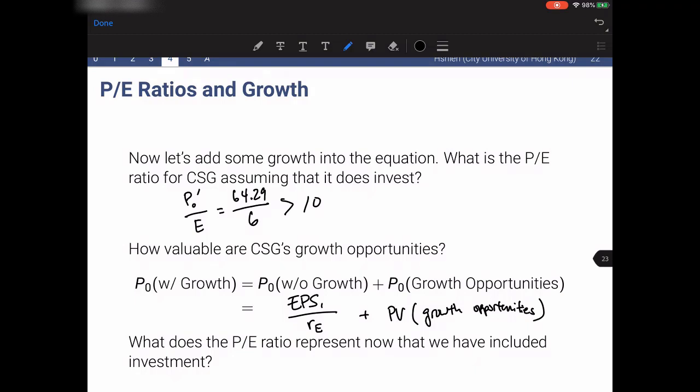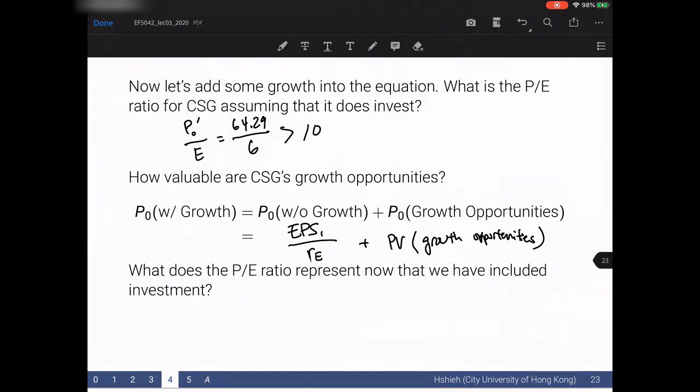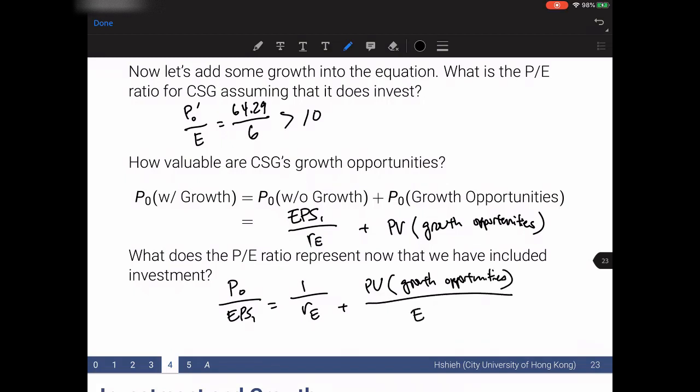Okay, so if we were to rewrite this price formula in terms of P/E ratio, we simply divide everything by EPS. So P_0 divided by EPS_1 is equal to 1 over R_E plus the PV of growth opportunities divided by EPS_1.